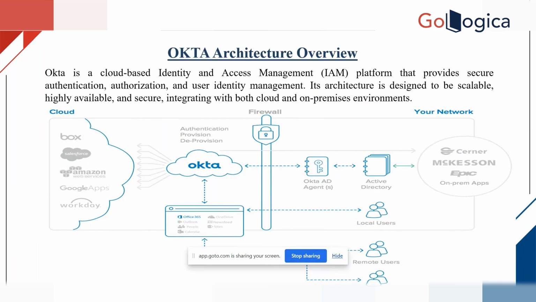In between we have the firewall, which keeps us secure for our DMZ, restricting any suspicious activity, suspicious login, intruder, or hacker trying to get into our network on the Okta side.